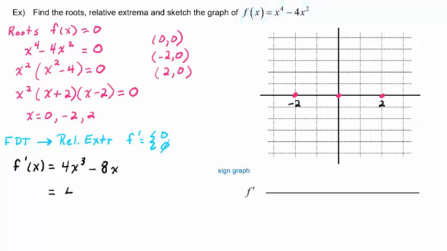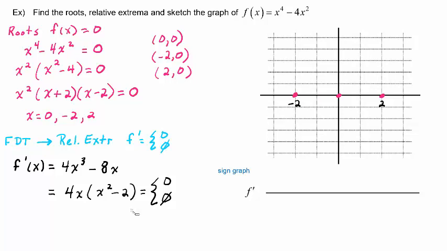We can take out a 4x, and we will have left x squared minus 2, and we have to set that equal to 0 or does not exist.